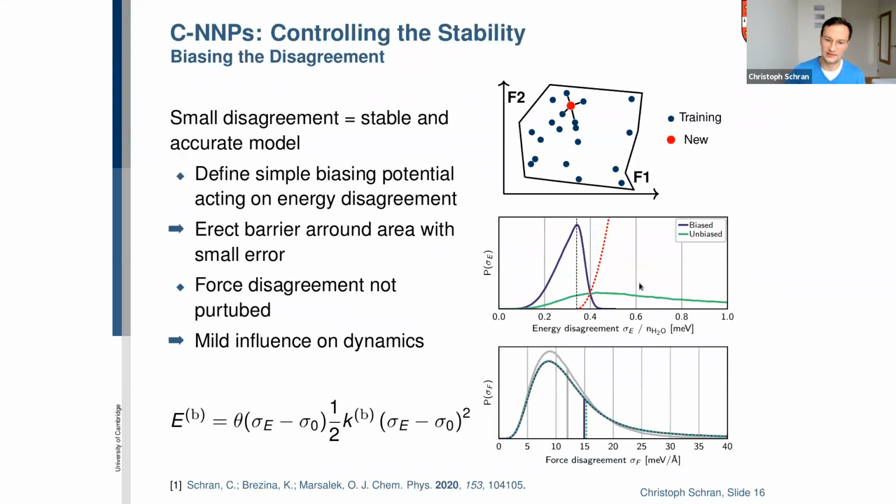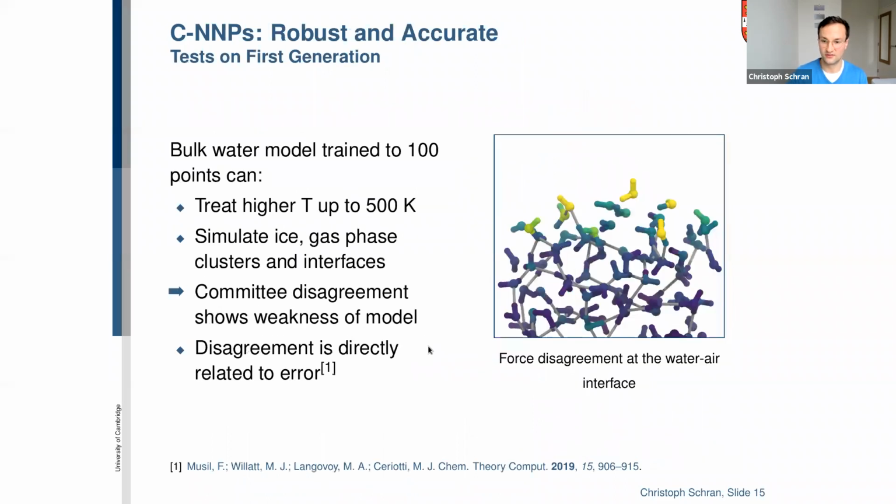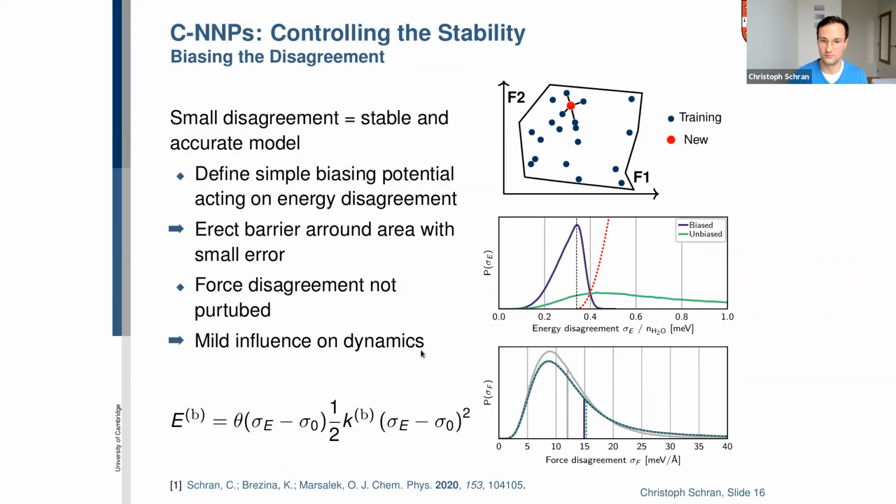And this can also be used for another nice concept. You can realize that small disagreement is related to a stable and accurate model. And then you can think about defining a biasing potential, which acts on this disagreement.